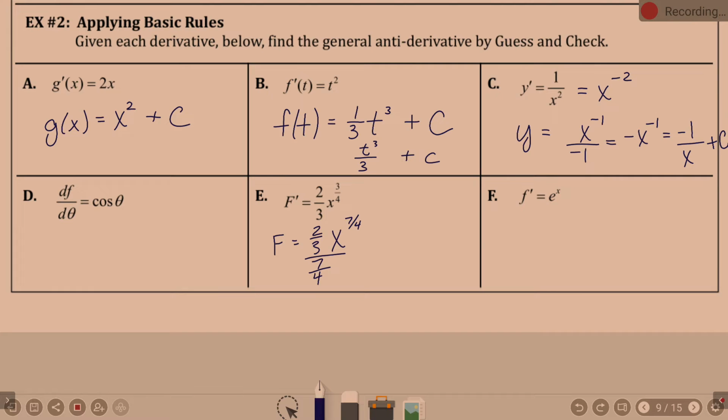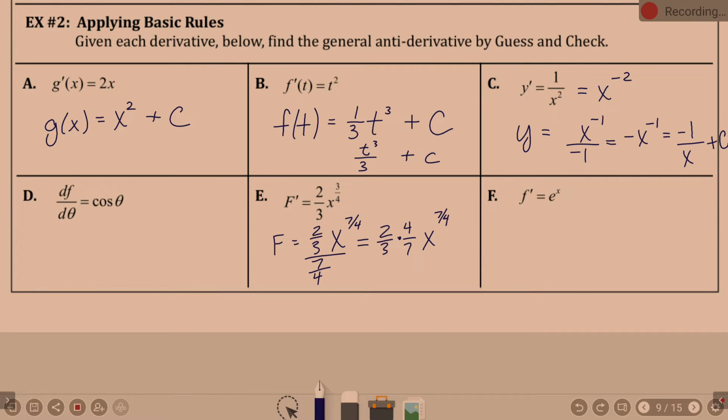So really, what we're going to think is, try again. There's a 2/3 out there, yes? And instead of dividing by 7/4, you're going to be multiplying by 4/7. Okay? So when you're dividing by a fraction, you're multiplying by the reciprocal. So I'm going to be doing 2/3 times 4/7.